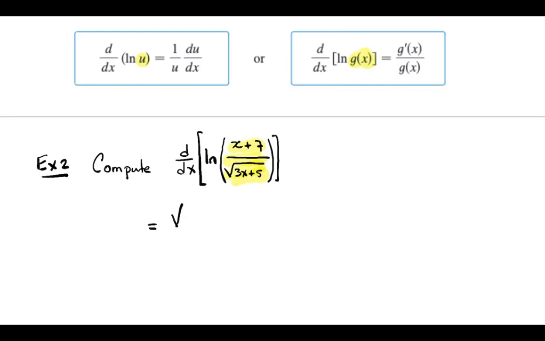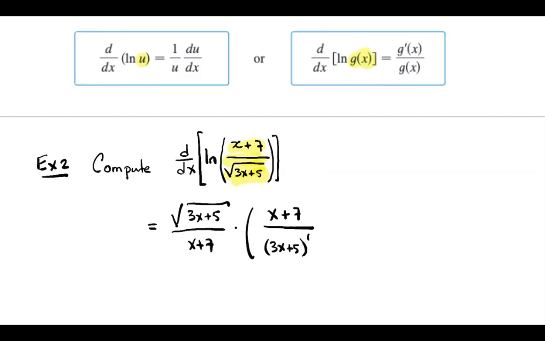So I'm going to write that like this: square root of 3x plus 5 in the numerator, divided by x plus 7. That's my 1 over g of x. And then I need to multiply that by the derivative of that fraction. I'm going to write that square root of 3x plus 5 as a 1/2 power here, because I'm going to be differentiating it in a second.